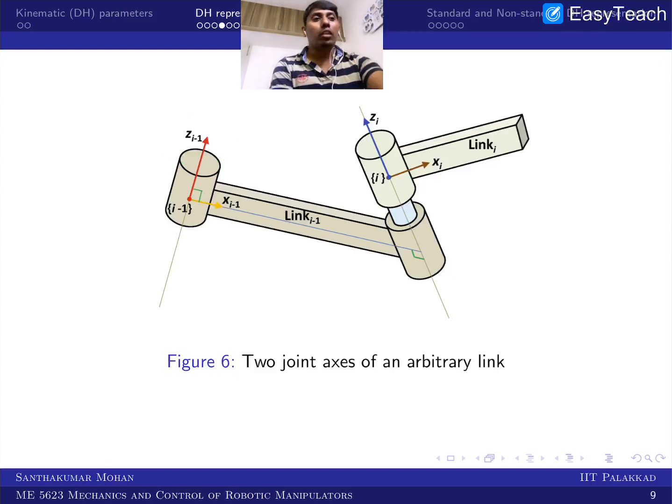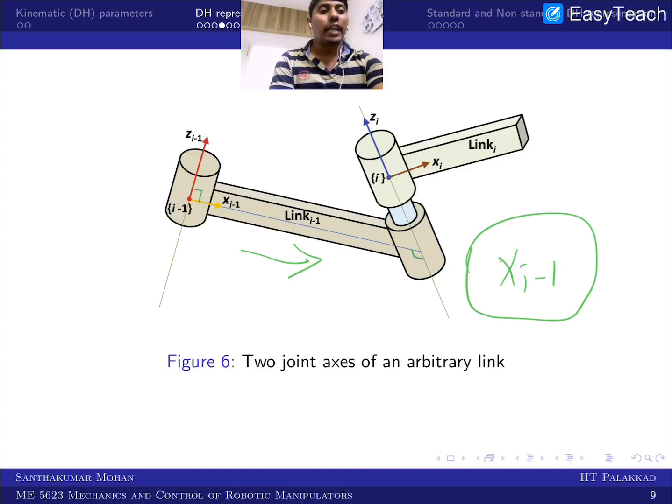I draw a common normal between these two, and I associate one axis in the positive direction; that is what I call xi-1. This xi-1 has to be normal to both zi-1 and zi.